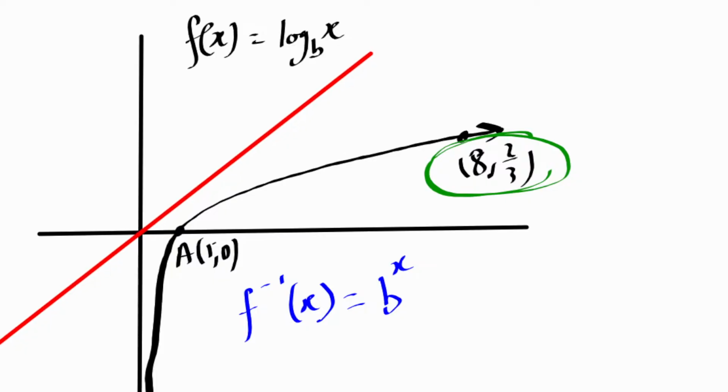There are two reflections that we have done here. In the previous question, we were reflecting in the y-axis, which is the line x equals 0, and that's why the x value was affected. But the moment we talk about the inverse, please be aware that we are actually reflecting in the line y equals x. And that is why in the inverse, this point will have the coordinates 3 over 2 and 8. We just literally swap them around.